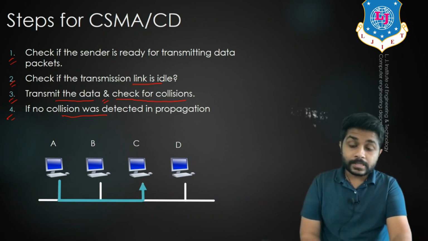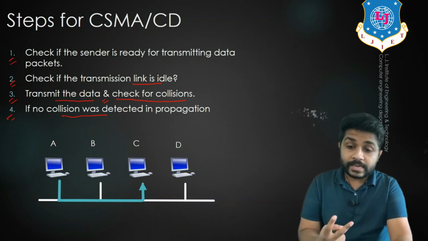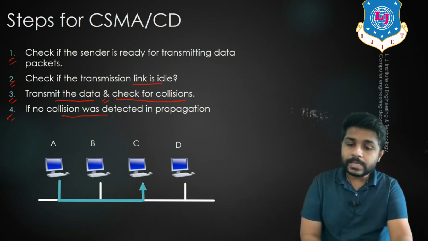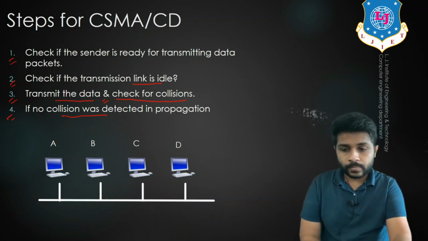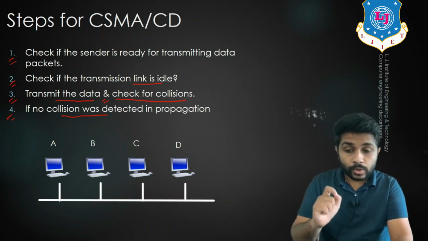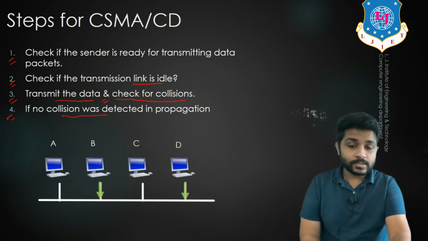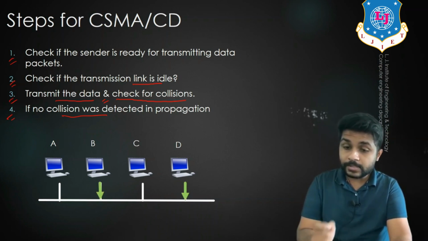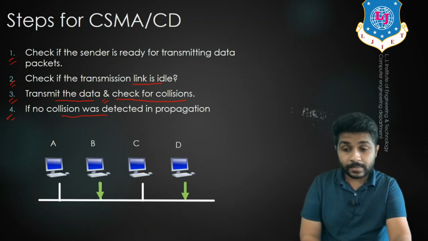Now what happens if 2 devices are sending data at the same time? Suppose B and D want to send some data to C, so they will first sense the channel. Because they want to send data at the same time, they will sense the channel at the same time.